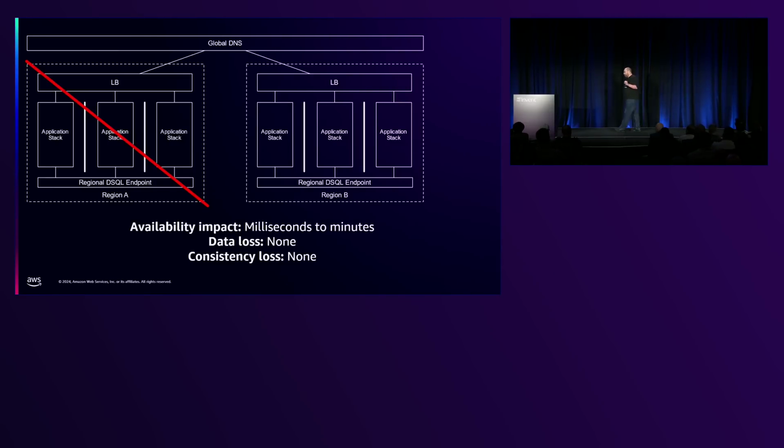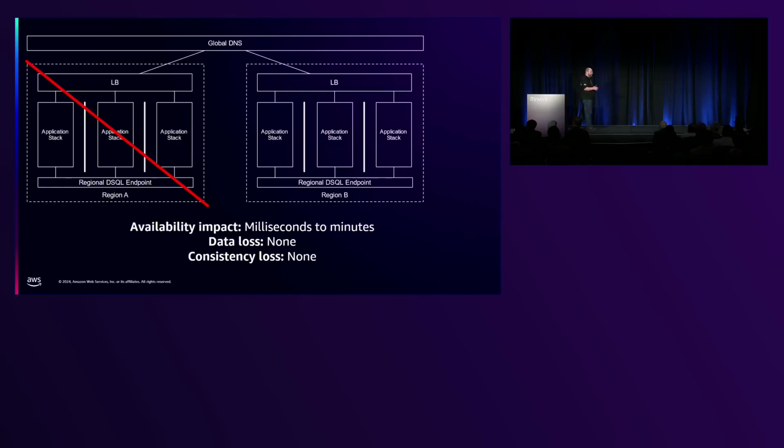How would this have worked before DSQL, before an active-active architecture? Well, what you would need to do if you lost your primary region is figure out how to fail over onto the secondary region. You're going to blow the dust off that application, which might not have seen traffic for weeks or months. You're going to really hope that it still works, despite not having done much for a long time, maybe not have been maintained correctly.